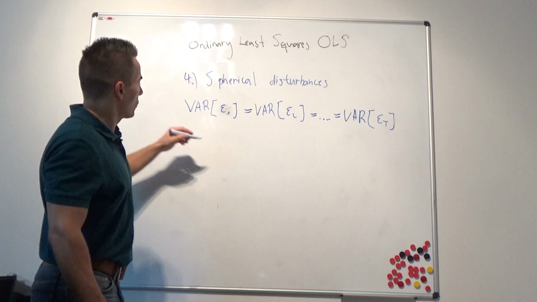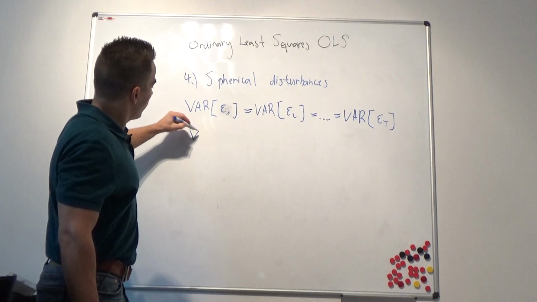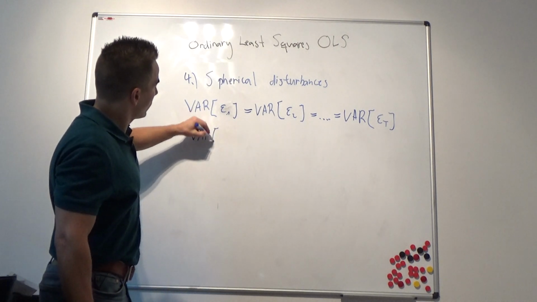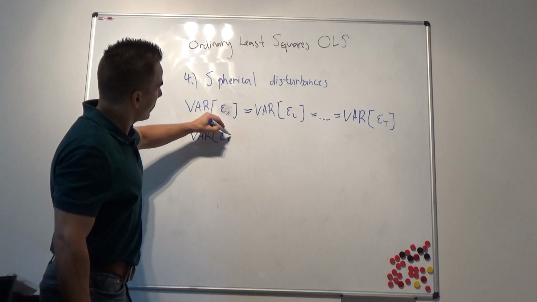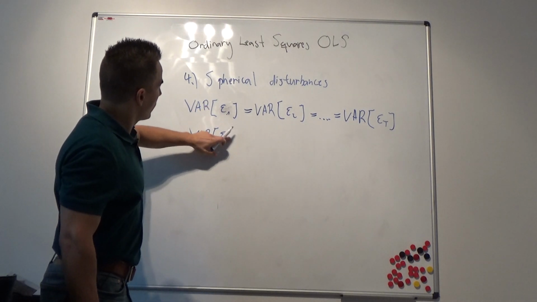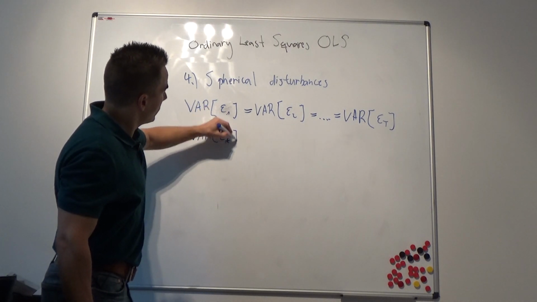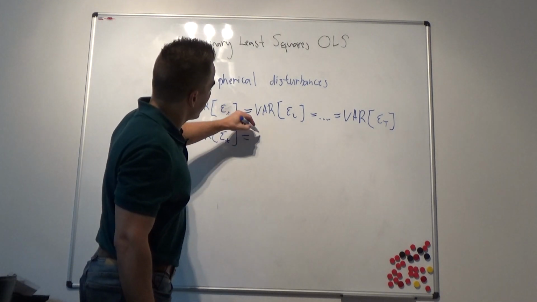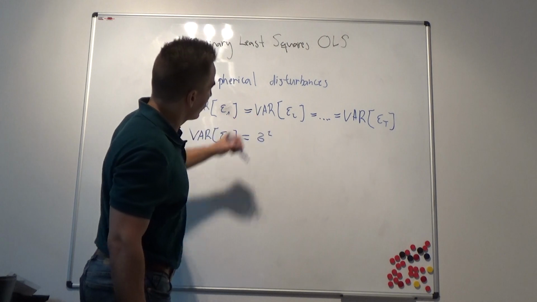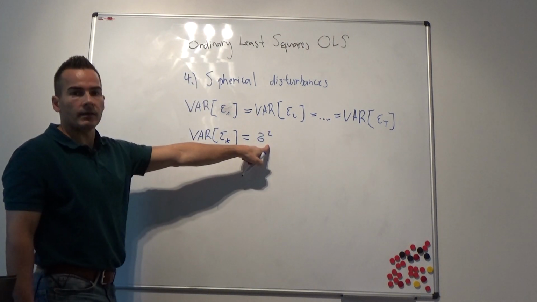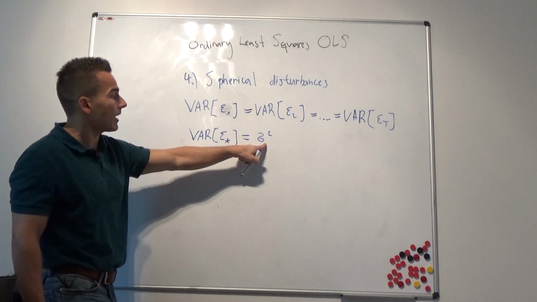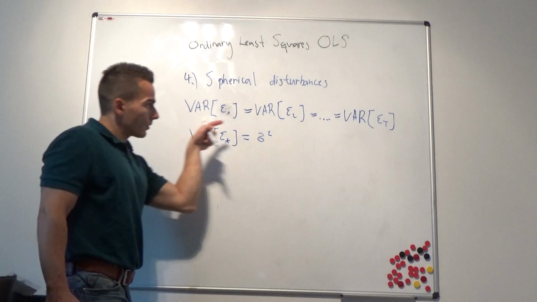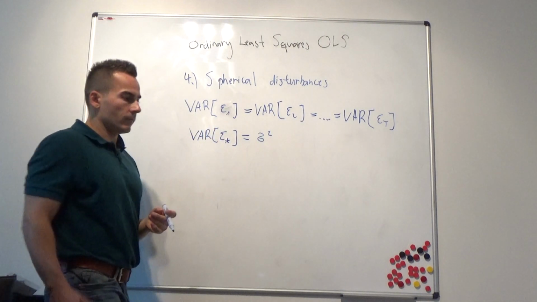So the variance of epsilon t, given asset i, should be sigma squared, and obviously there's no time index. So it's the same variance across time given that asset.